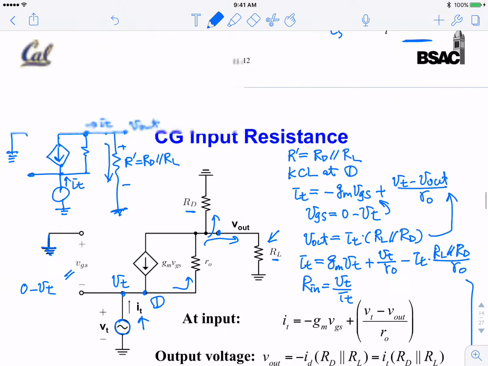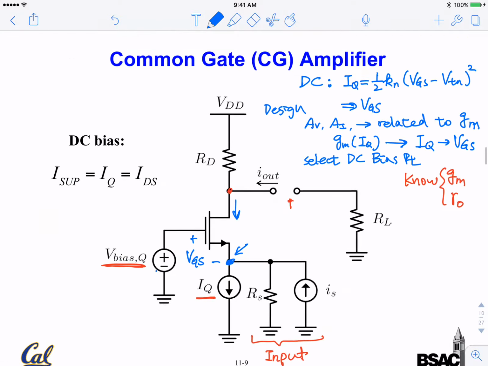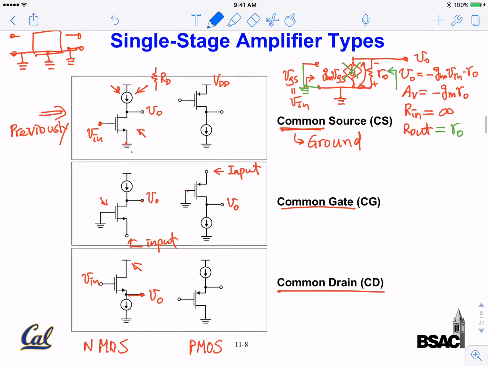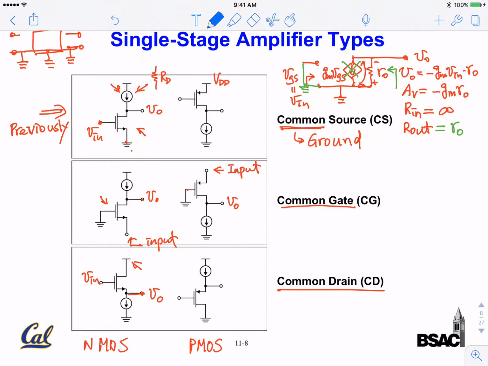Let's go way back. In the very short examples we've done here, the common source, the one that we are most familiar with. The gain is Gm, well, I have ro.